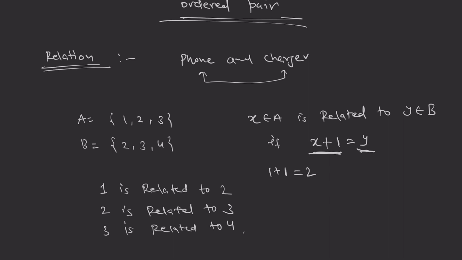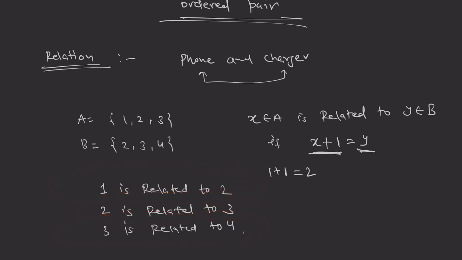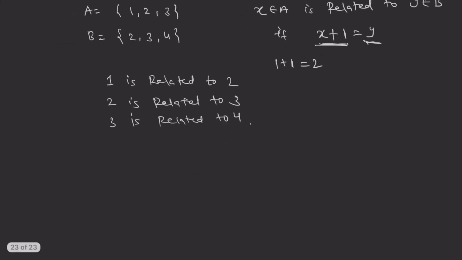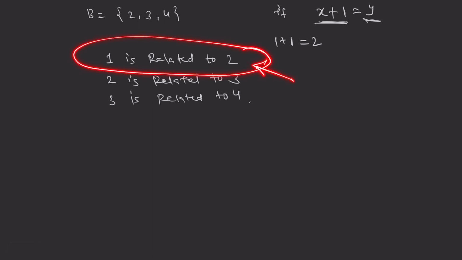Now, one element can relate to more than one element, but here that is not the case. Here only one element is related to one element. But how can I write this thing as a set?